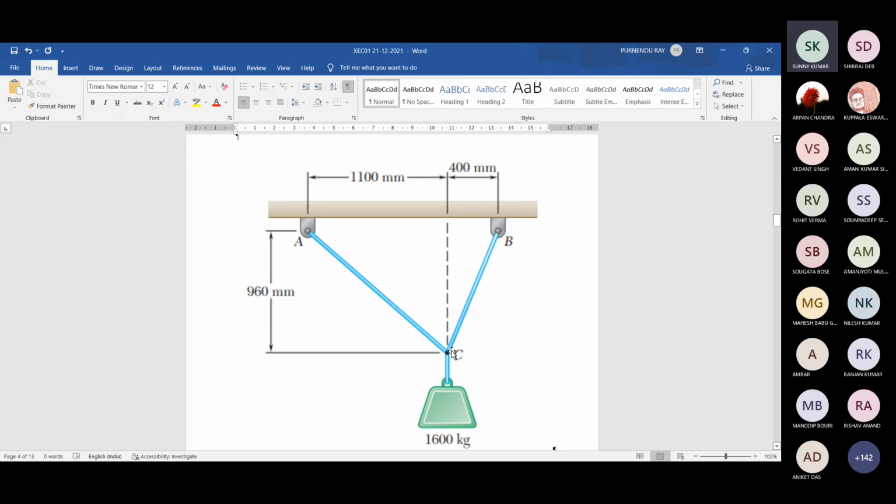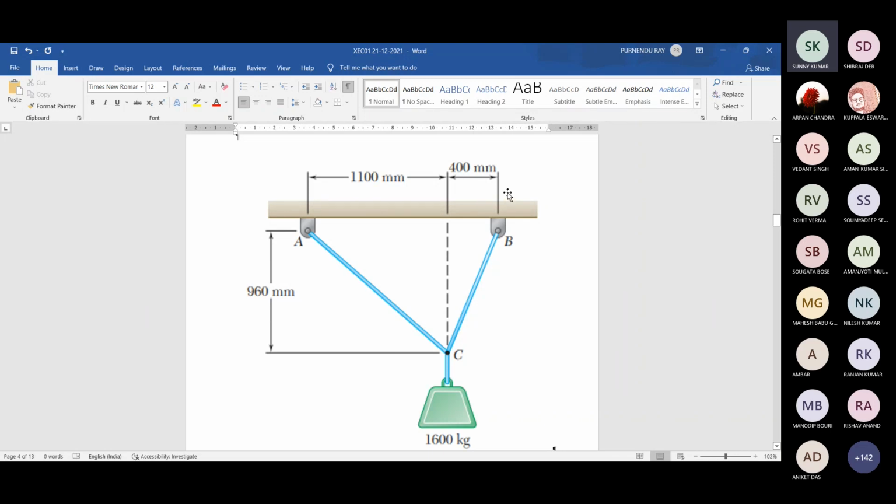The connection point is C, with BC and AC. These are two strings or ropes or metal rods, etc. And this geometry is given in this way only by these distances.